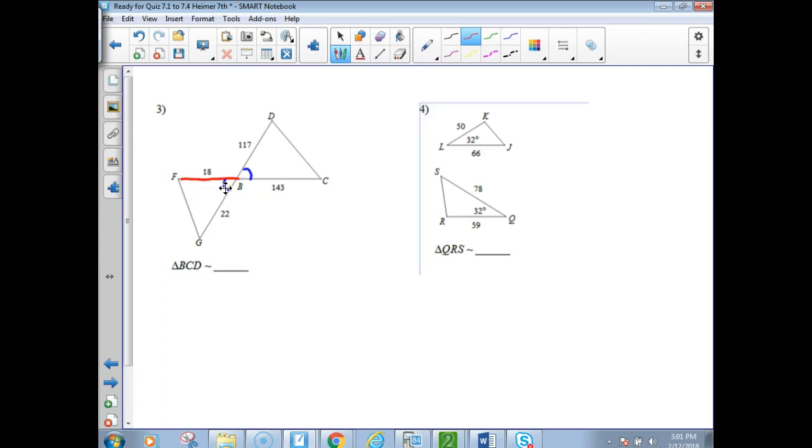What number? I heard 143, and it's not 143. 18 is smaller than 22. What's the smaller one over here? 117. All right, we have to see if 18 over 117 is equal to 22 over 143.